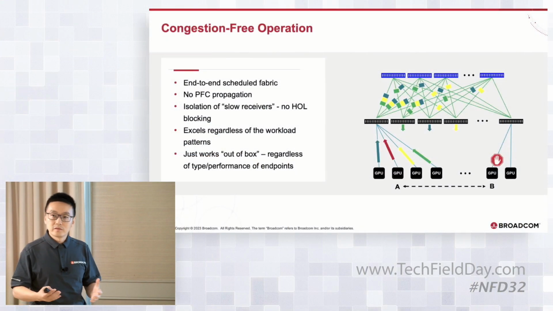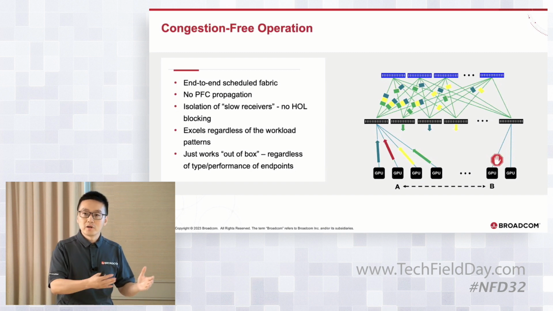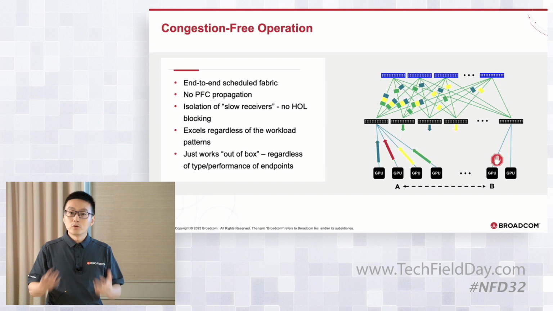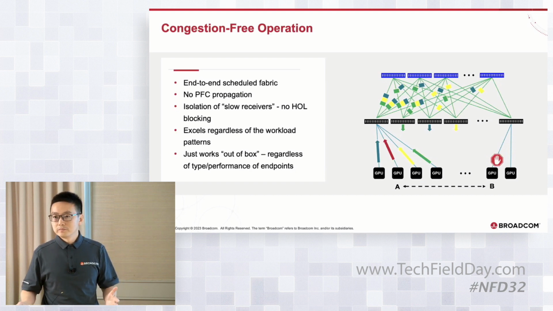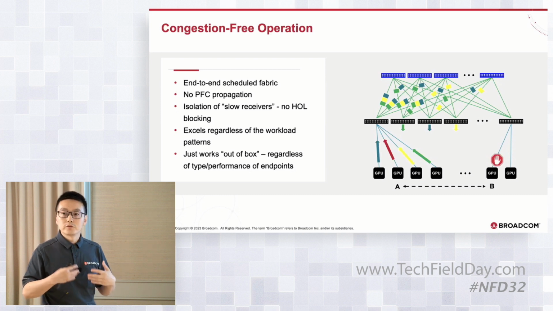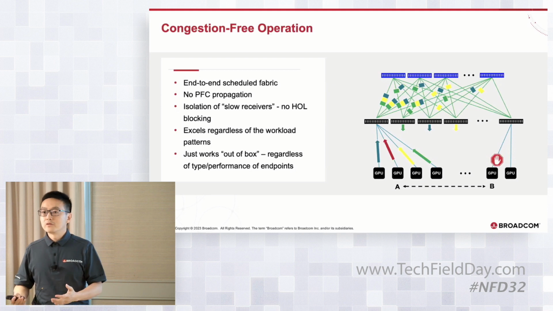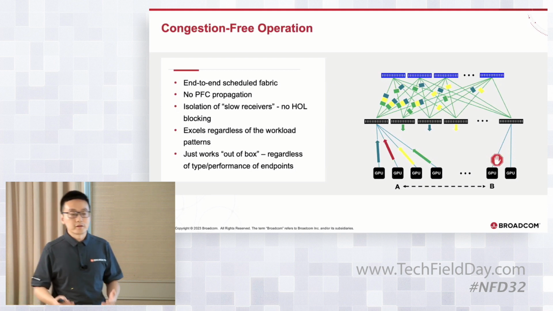The best thing about this architecture is that it just works out of the box. If there's any change on the endpoints, from endpoint A to endpoint B, or any link failover, or any change in speed, it doesn't matter. The network is free of tuning. You just plug and play. It's a big relief from an operation and maintenance perspective.